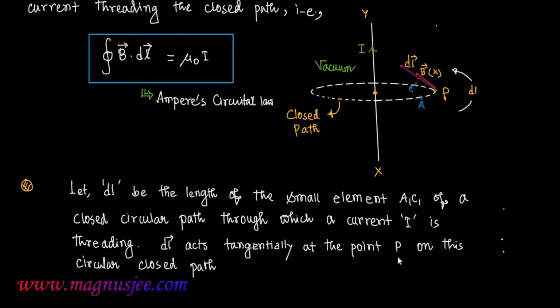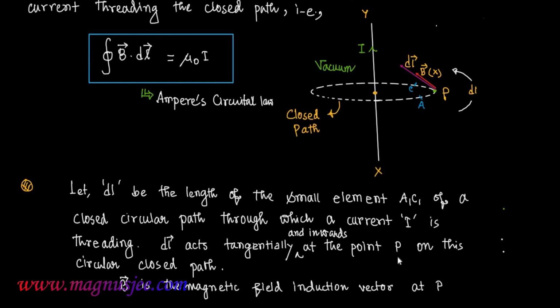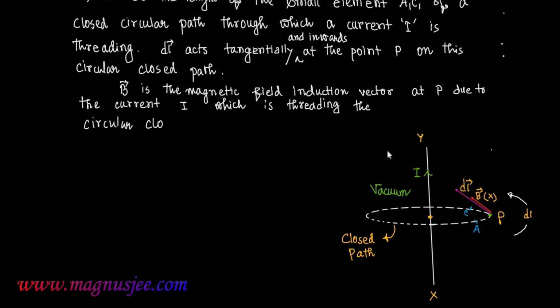Vector dl, the small length vector, acts tangentially and inwards at the point P. And vector B is the magnetic field induction vector at the point P due to the current I flowing through the long straight conductor, which is threading the closed circular path.